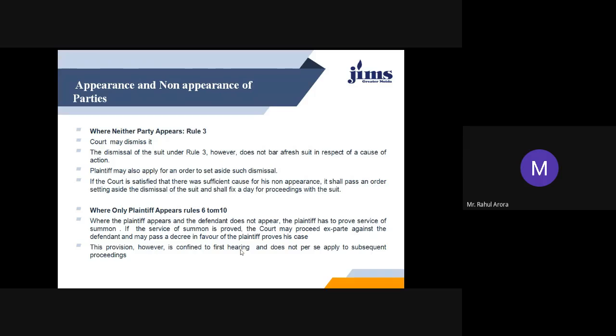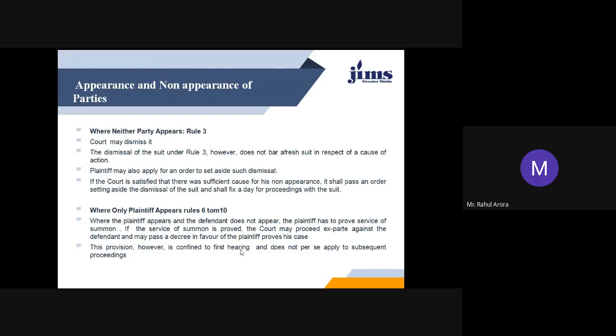If the court is satisfied that there was sufficient cause for his non-appearance, then the trial court shall pass an order setting aside the dismissal of the suit and shall fix a day for proceedings with the suit. So from this, we may infer that the plaintiff has two remedies in case neither party appears.